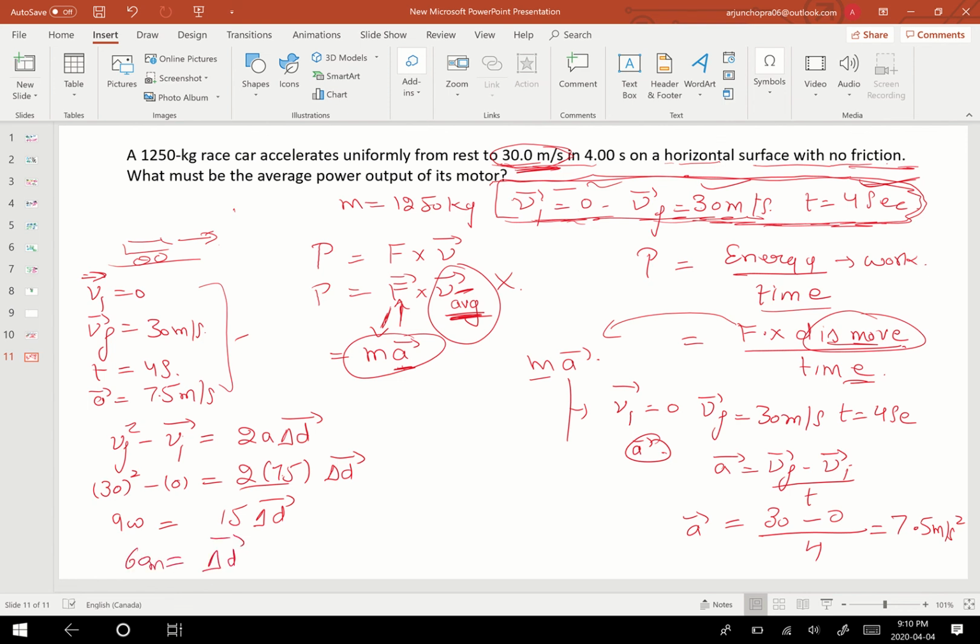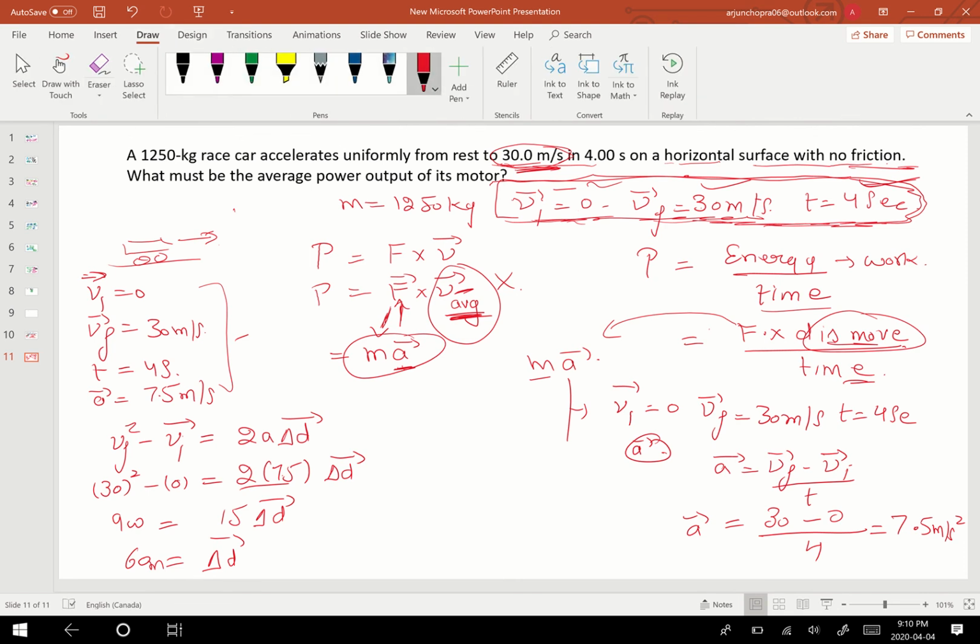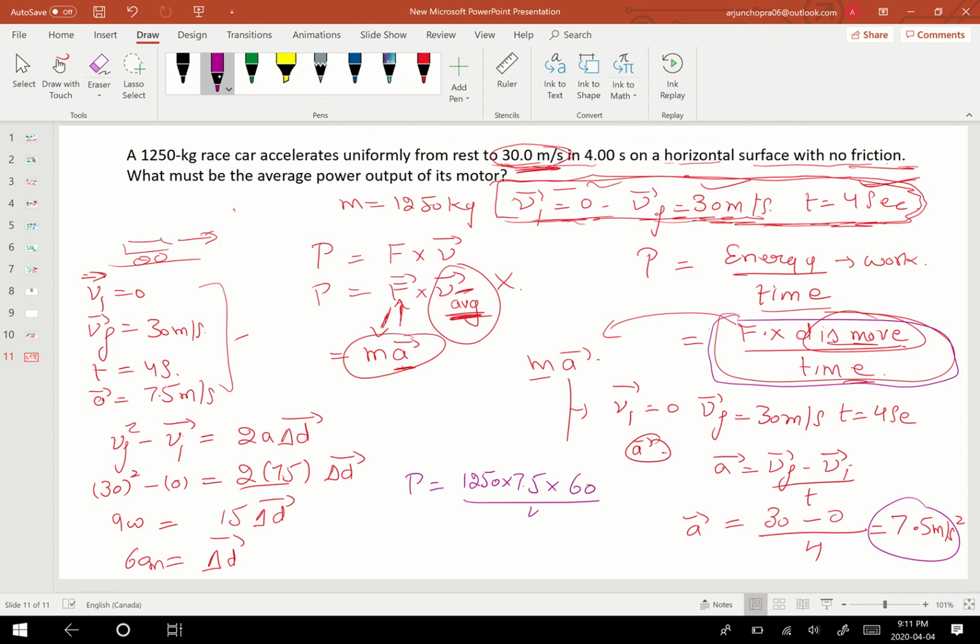So now I have everything. I'm going to plug the values into this formula and we'll get the answer. So power is equal to force, which is mass 1250 times acceleration 7.5, and the displacement came out to be 60, divided by the time, which is 4 seconds.